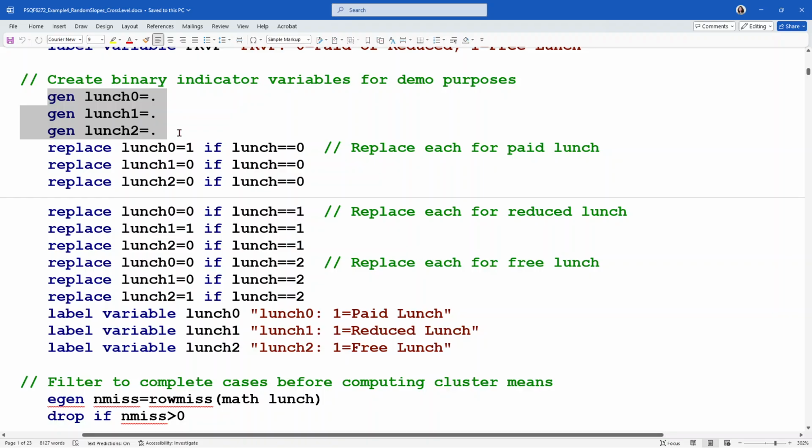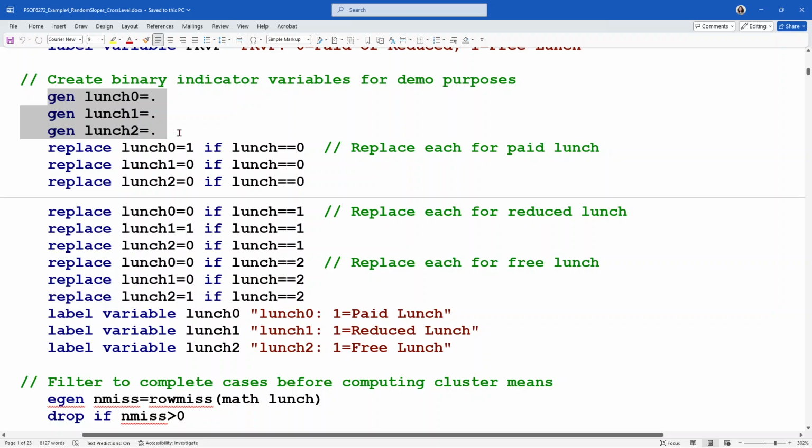A new thing that I've added here is to preserve the mean for school size, that 139. I am saving that as a variable so that I can include that in computations below, the same process in R. Then we're going to generate centered cluster means.